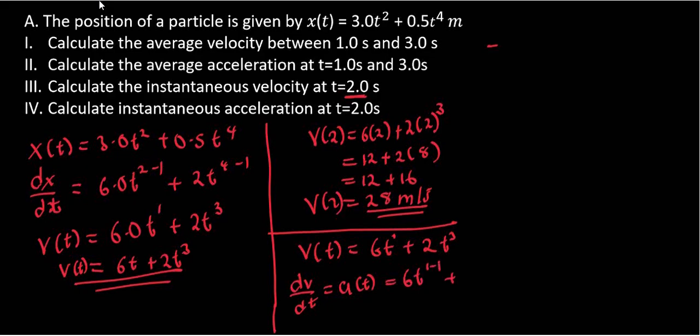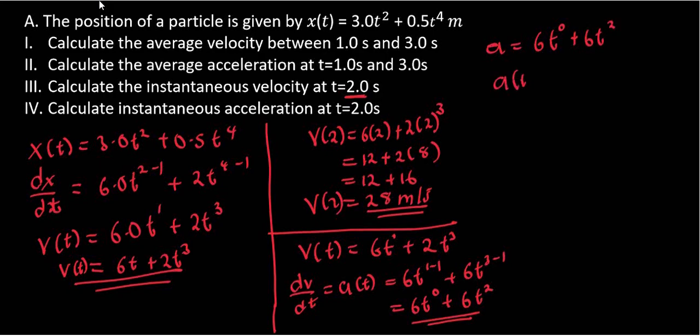Then 3 times 2 is 6, t to the power 3 minus 1, so 6t to the power 0 plus 6t squared.